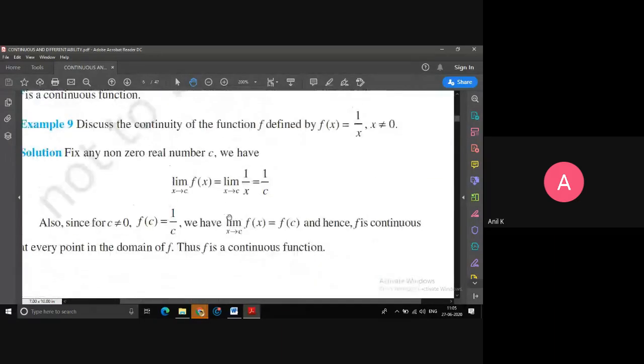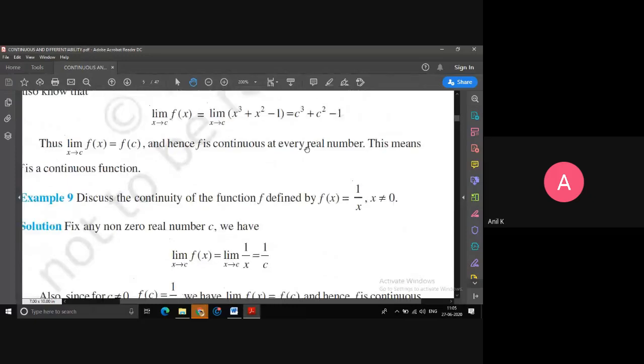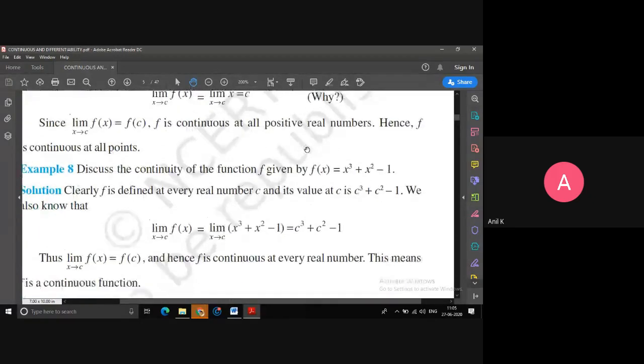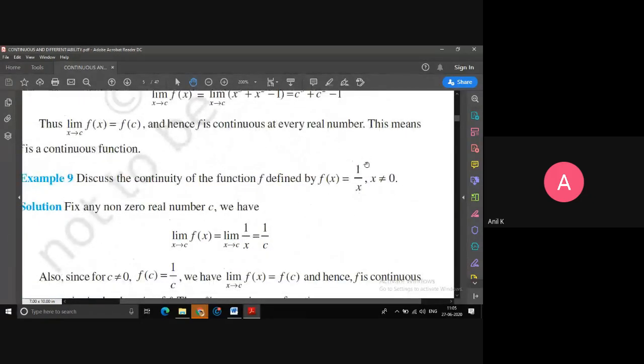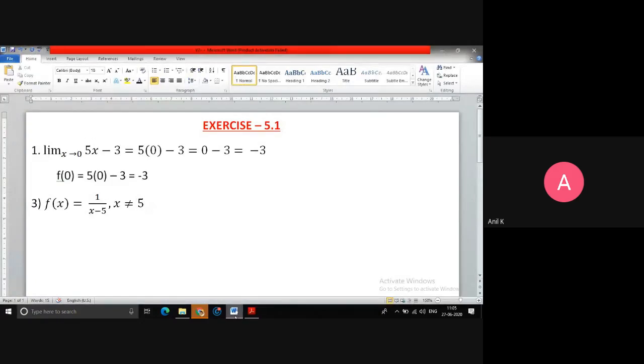Yeah, somewhere here. This one, 1 upon x, we solved. In the 1 upon x example, I explained how this is a continuous function. The same way you can discuss 1 upon x minus 5 where x is not equal to 5.